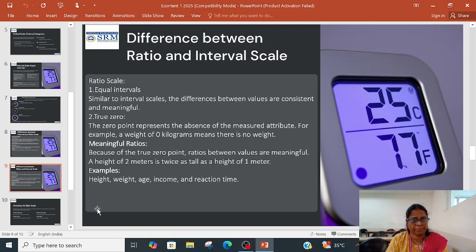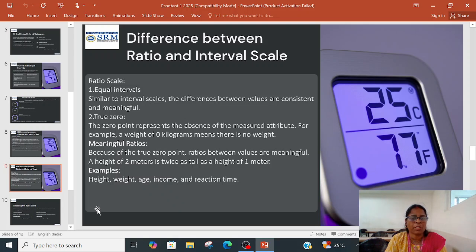Ratio scale. Here, similar to interval scales, the differences between values are consistent and meaningful. Here, there is a true zero. The 0 point represents the absence of the measured attribute here. For example, a weight of 0 kilograms means there is no weight.